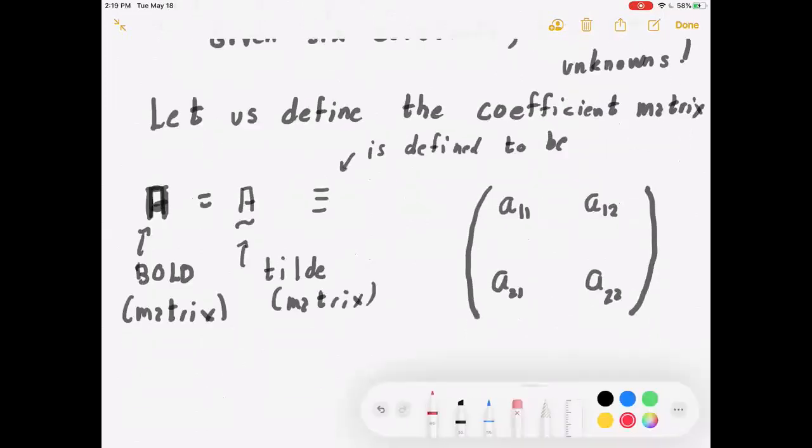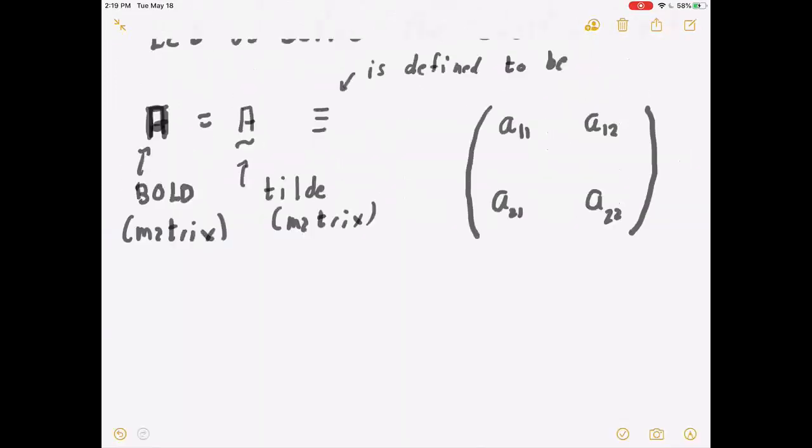Now you can see where the subscripts come from. Matrices have rows. There's the first row, there's the second row, and matrices have columns. There's the first column, there's the second column.